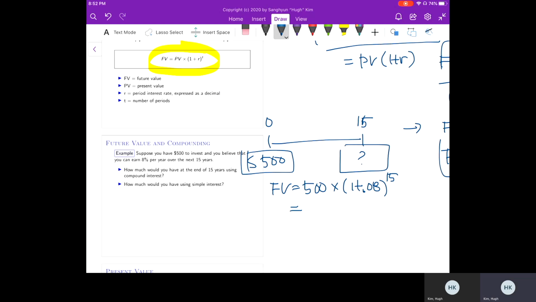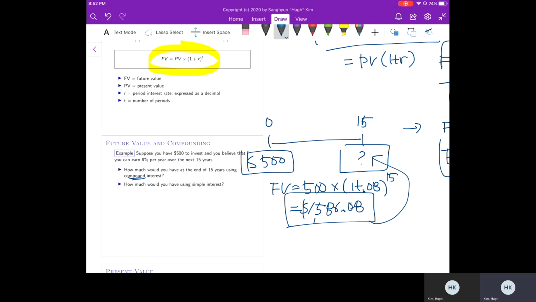So that is $1,586.08. Okay. That's how much money you will have if using compound interest.